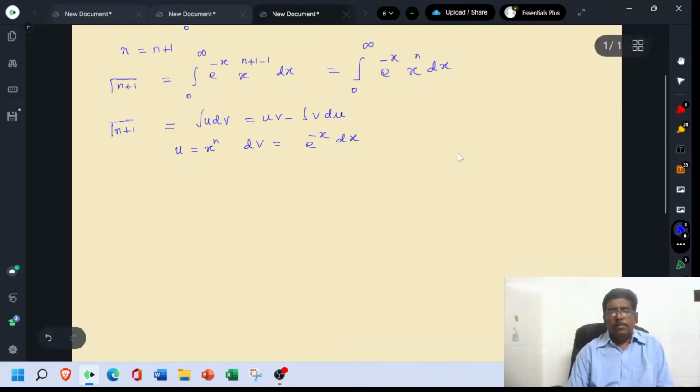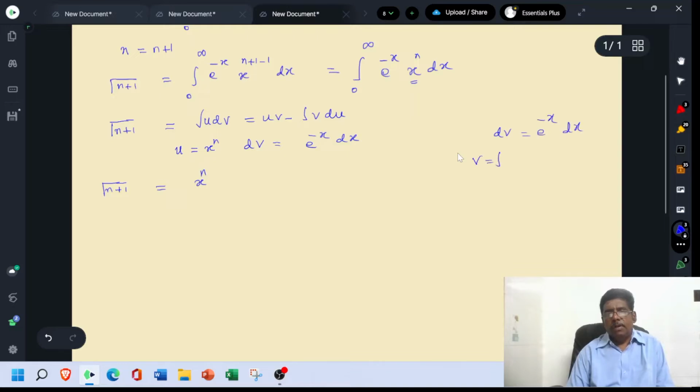This is u, e power minus x into dx is dv. Then gamma of n plus 1 equal to uv. The value of u is x power n, dv equal to e power minus x into dx.